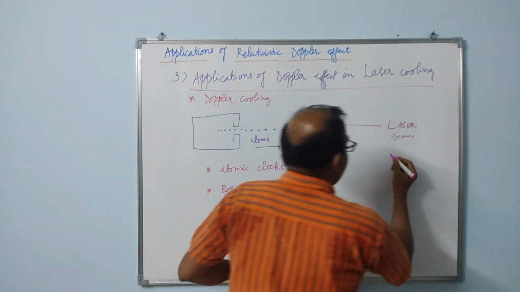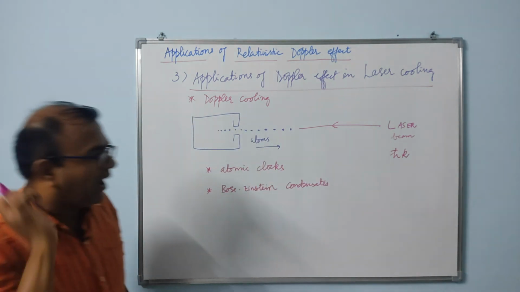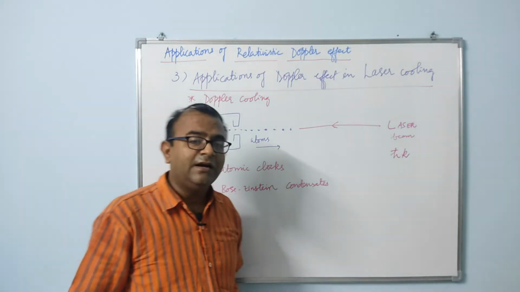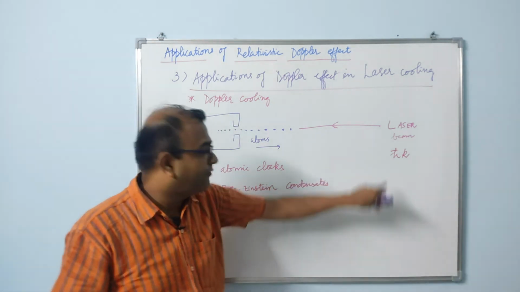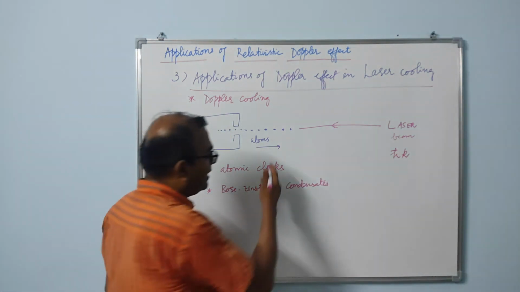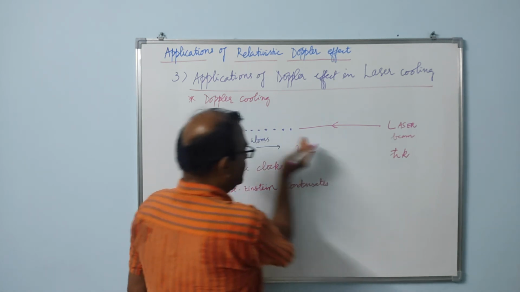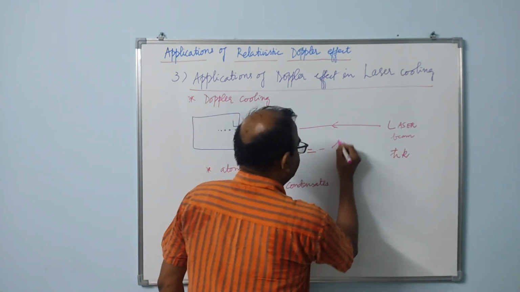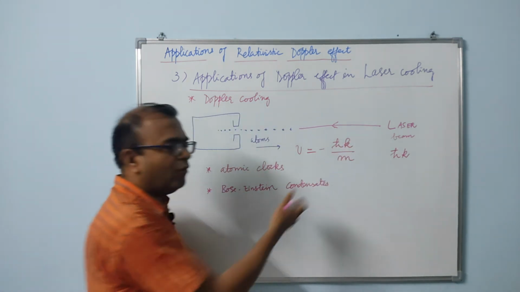So if the photon has an energy h nu and momentum is h-bar k, which is reduced Planck constant, then the velocity of the atoms would be shifted in this particular direction by this much, that is h-bar k over m.